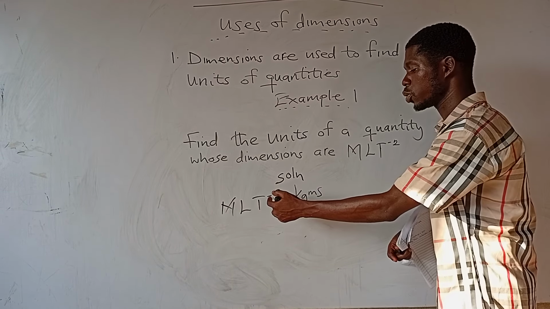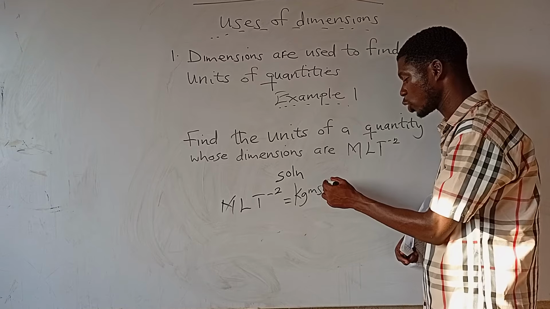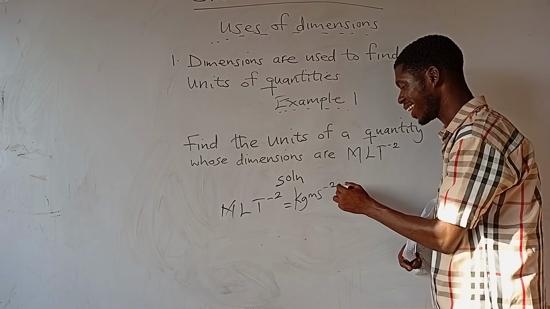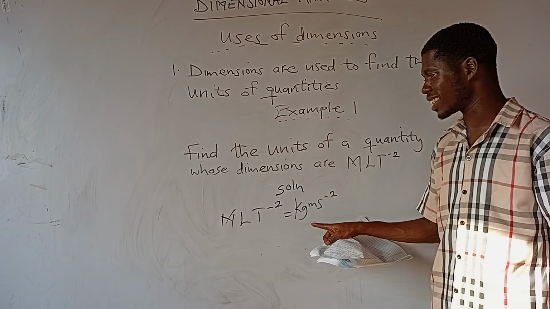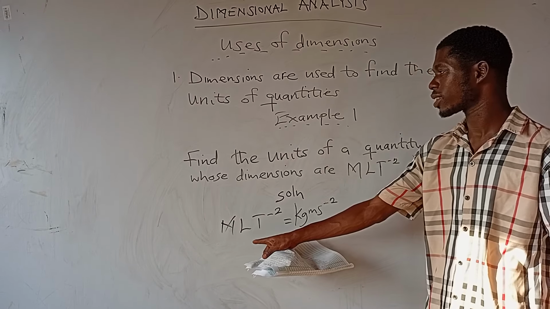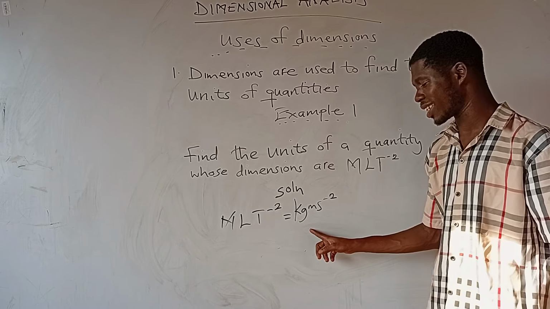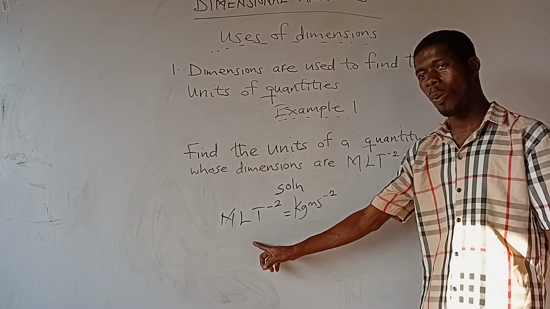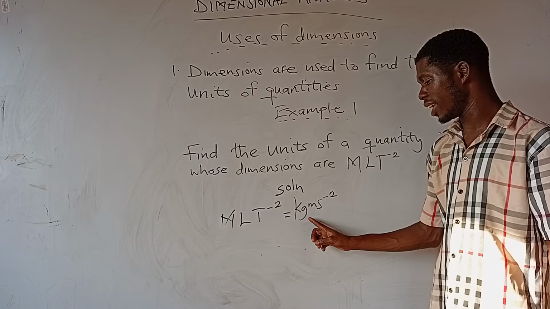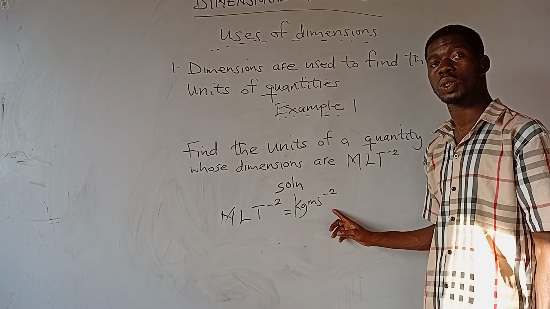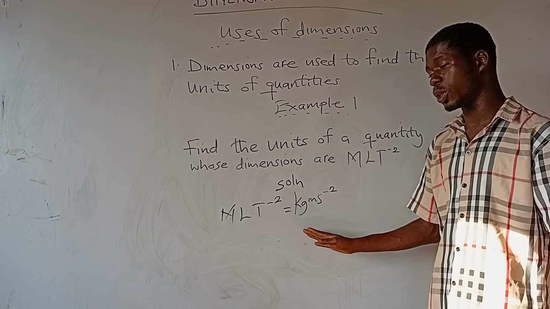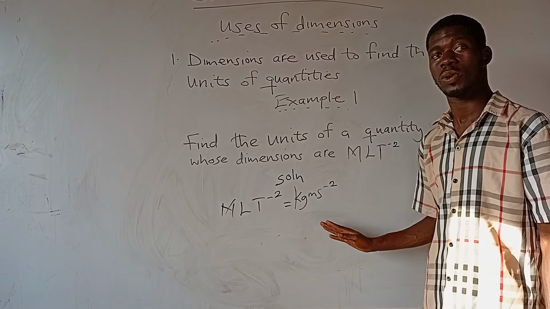It's T to the power negative 2, so this one as well, to the power negative 2. So this is the unit for that quantity: kg m s^-2. And that's the unit for force.